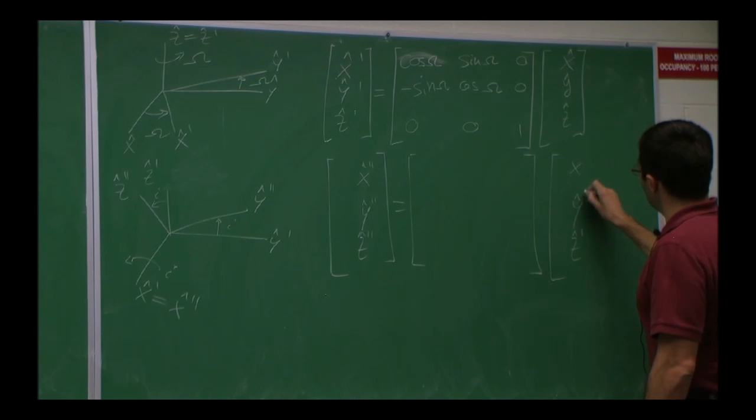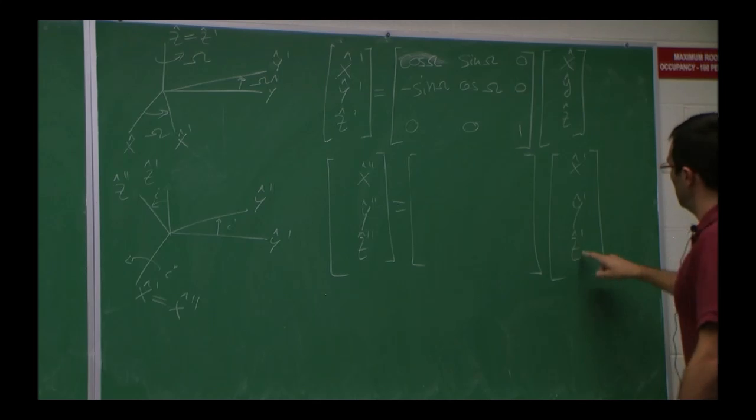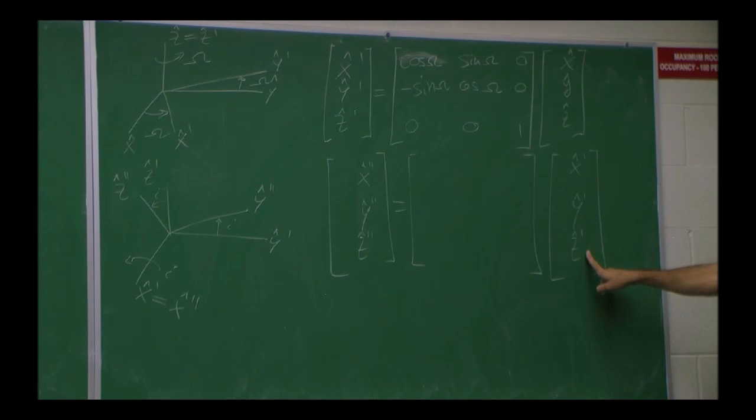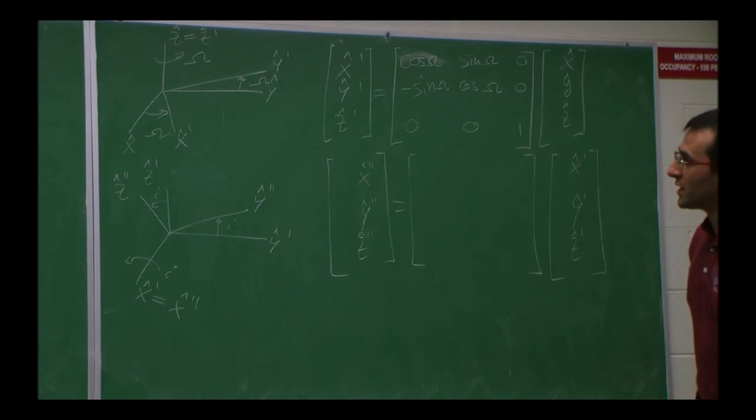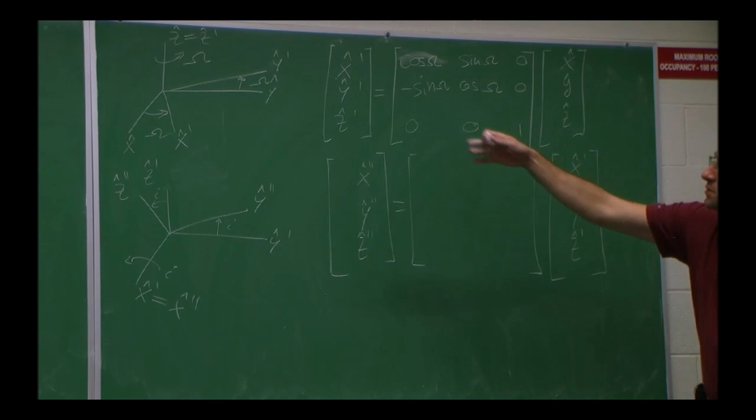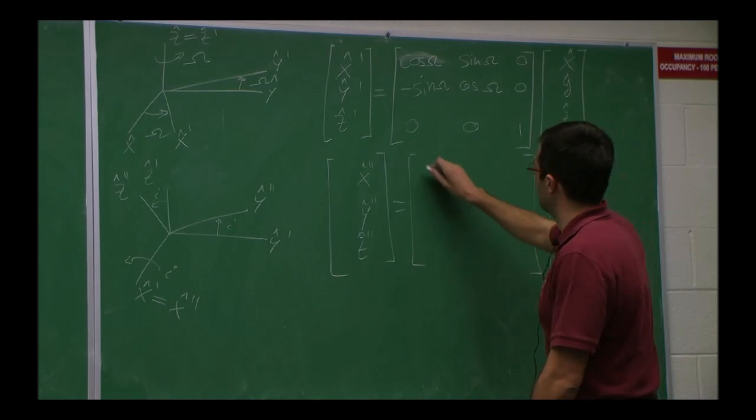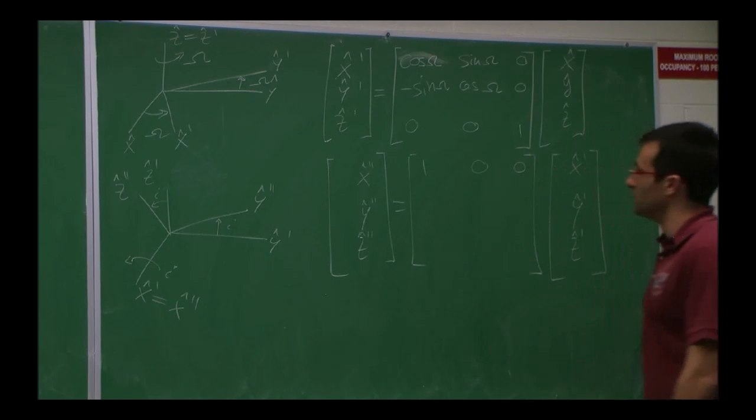So now it's going to be easy to go with this one. That's why we use Euler angles, because you go step by step with the intermediate axis. You care about one rotation at a time. So how does x hat second project into the prime basis? Well, it's just x prime, so this is 1, 0, 0.